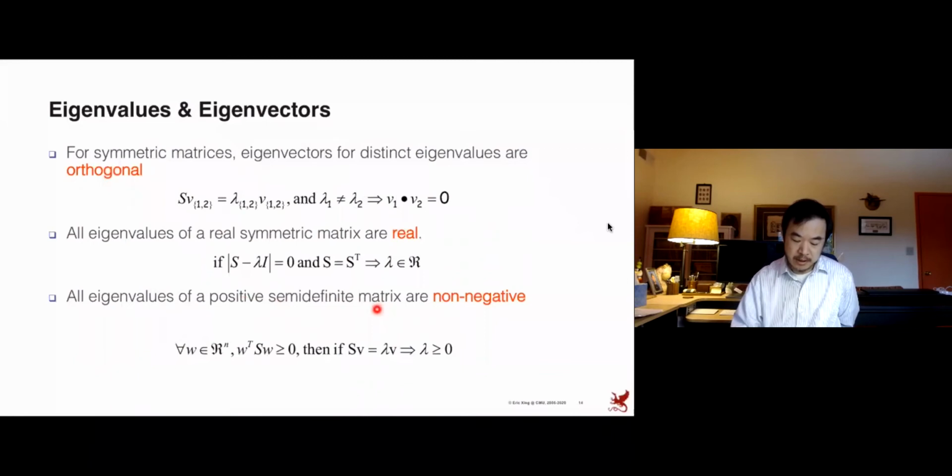If your matrix is positive semi-definite, then your eigenvalues will be not only real but also non-negative. It's actually very easy to define what a positive semi-definite matrix is, but I'm not going to spend time here. It's defined here, but you can discuss with TAs if you want, in terms of exactly what it entails about the factorization of the matrix.